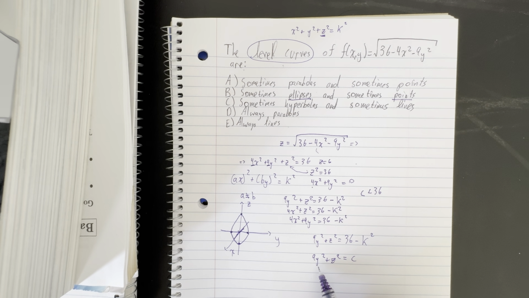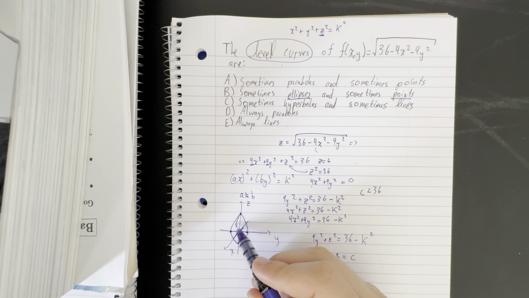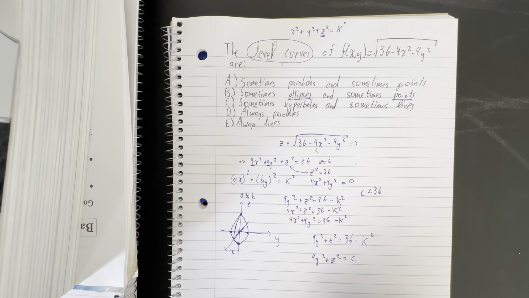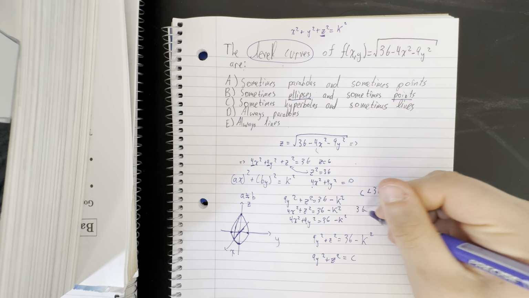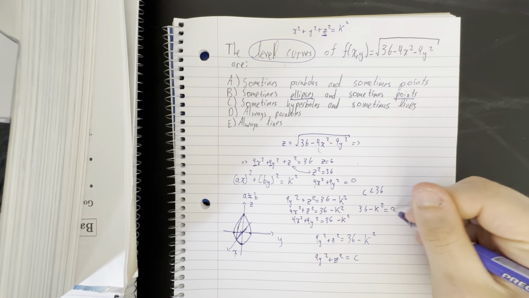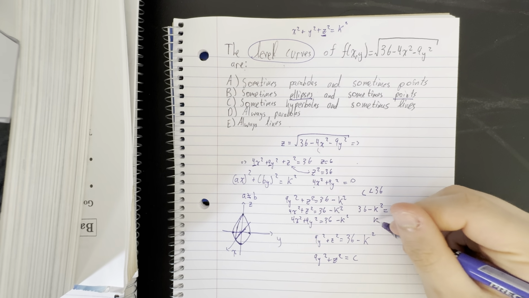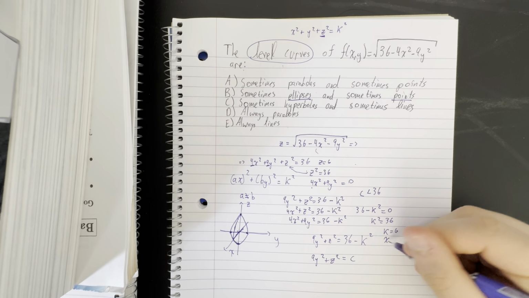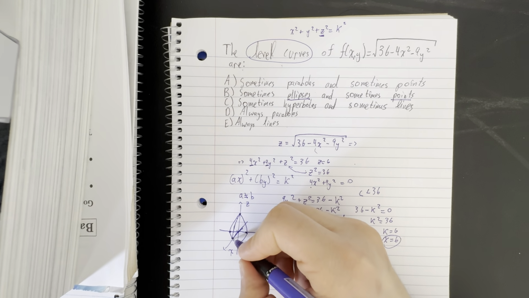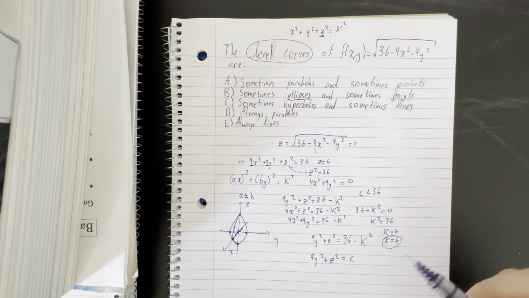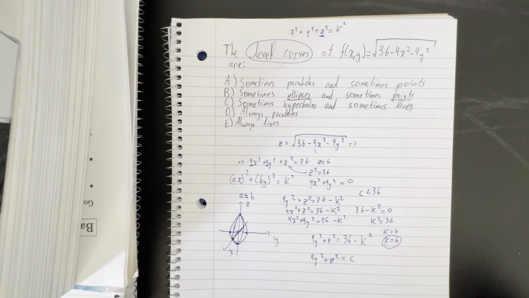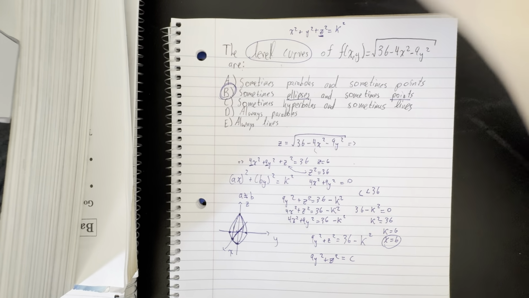And that just makes it such that this ellipse curves down to a value that's smaller and smaller until this expression is equal to 0. And that's going to be when k squared equals 36, when k equals 6, or when x is 6. So we know that at x equals 6, it's going to be 0 like that, and that applies to the back as well. So yeah, these have to be ellipses.